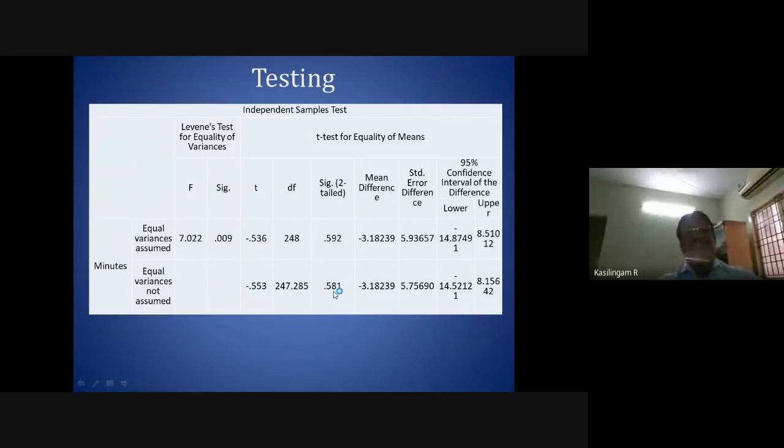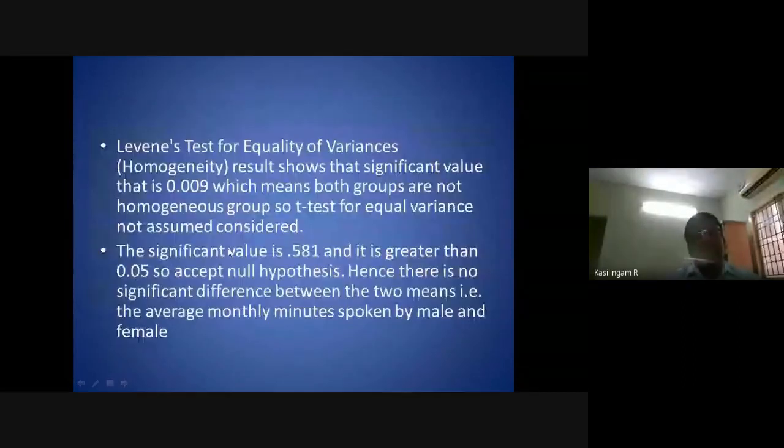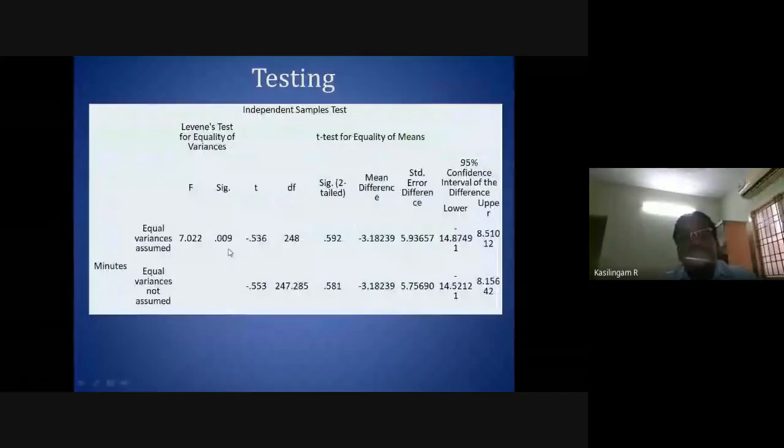Now we will go to the situation, what we have to see. First, we have to see the F significant value. Now please understand. If the F significant value is less than 0.05, it is significant. Here it is 0.009.